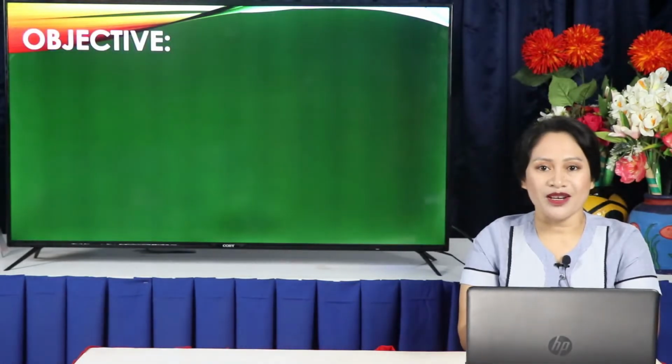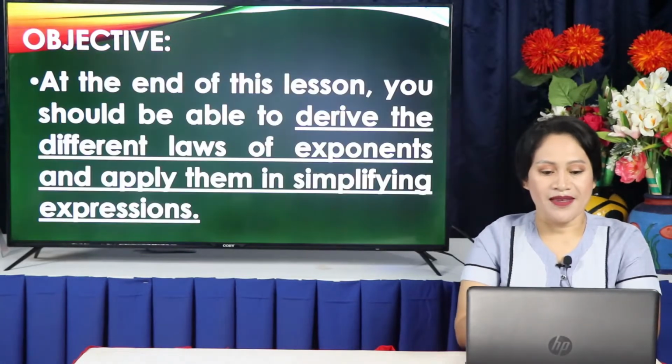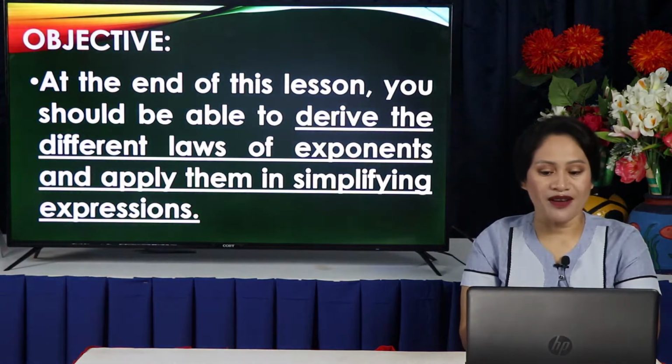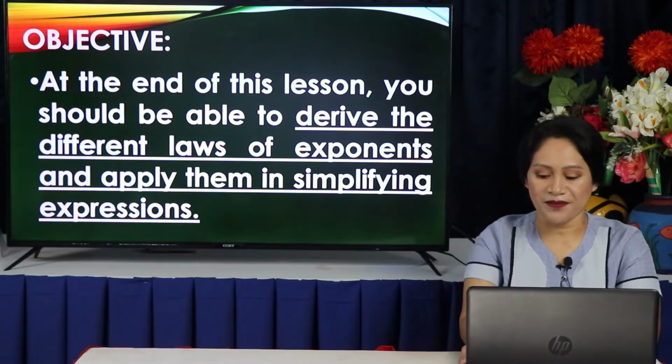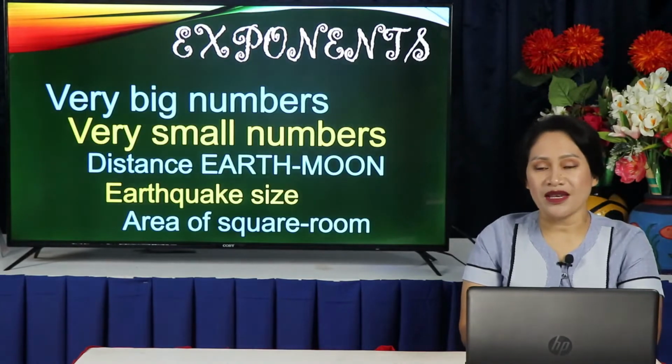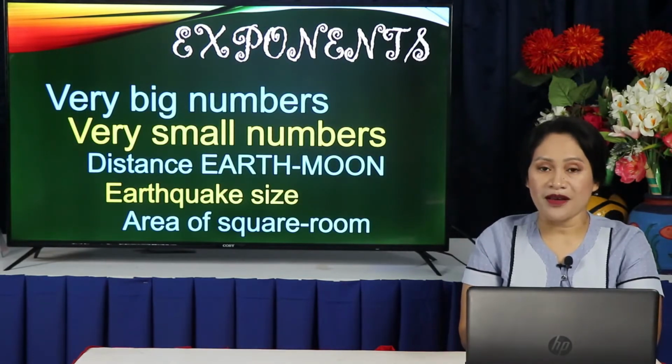Here is our learning objective for today. At the end of this lesson, you should be able to derive the different laws of exponents and apply them in simplifying expressions. Now, exponents are used in a variety of ways. Most often, when talking about very large and very small numbers.